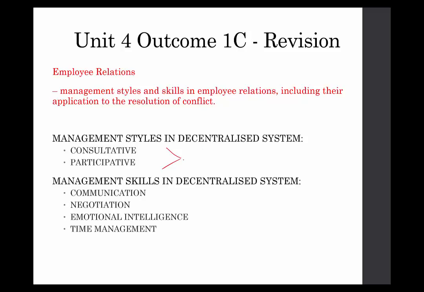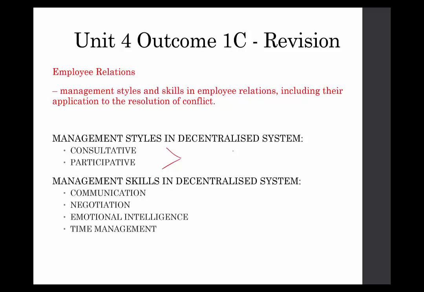My class this year had a really good debate about which management style is actually the right one to use. Enterprise bargaining is a participative process, but I believe the consultative management style comes out in the end, because it's the management that can say, we're not signing this. And it's sort of, to me, it remains their prerogative to do that. But of course, employees have to vote on it, so it is a fairly participative process.